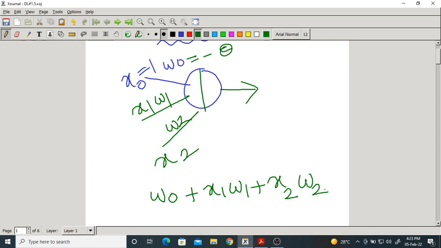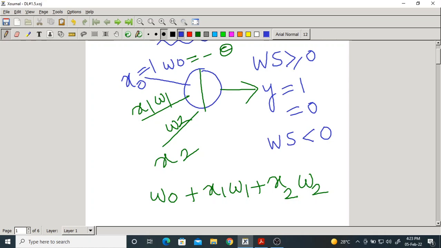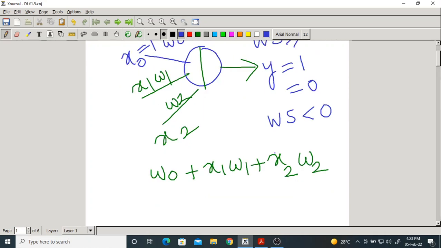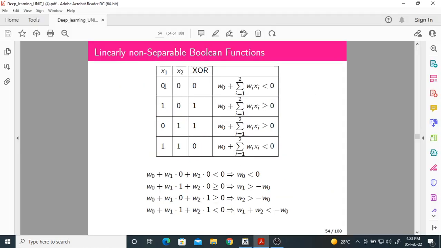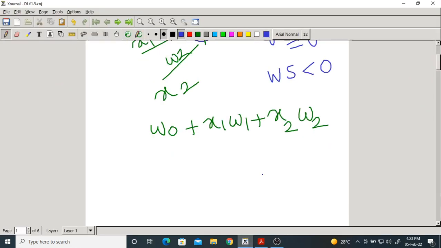So the output Y is 1 if the weighted sum is greater than or equal to 0, and it is 0 if the weighted sum is less than 0. Now, in the XOR gate, when both inputs are 0 0, the output is 0.